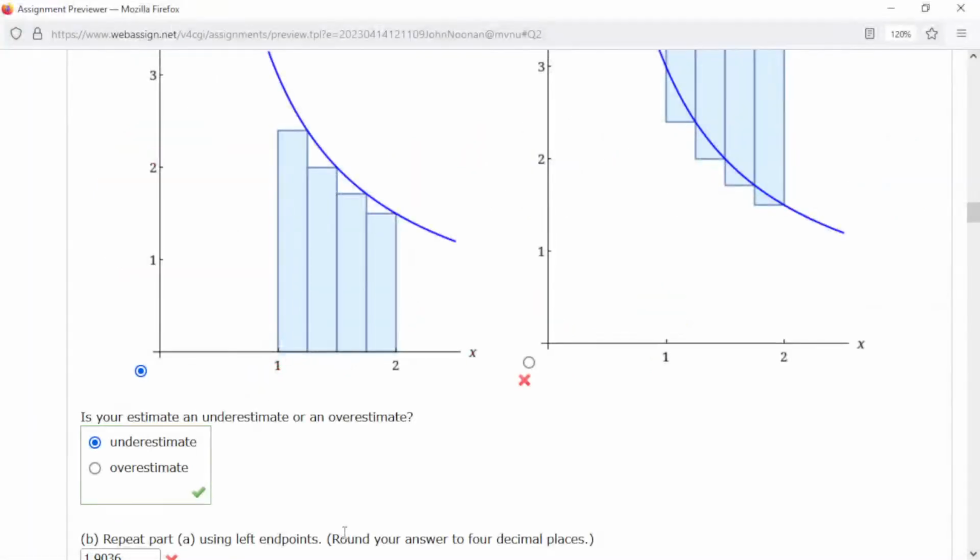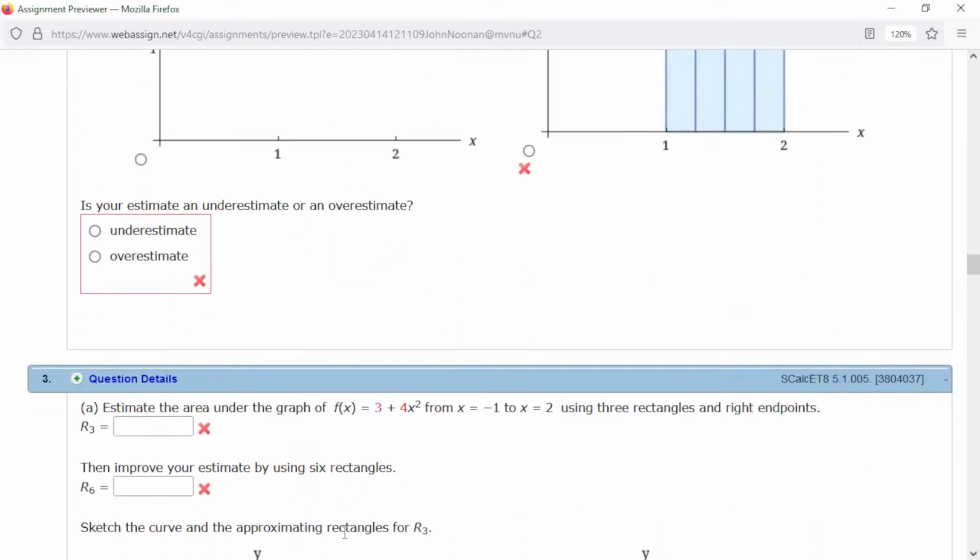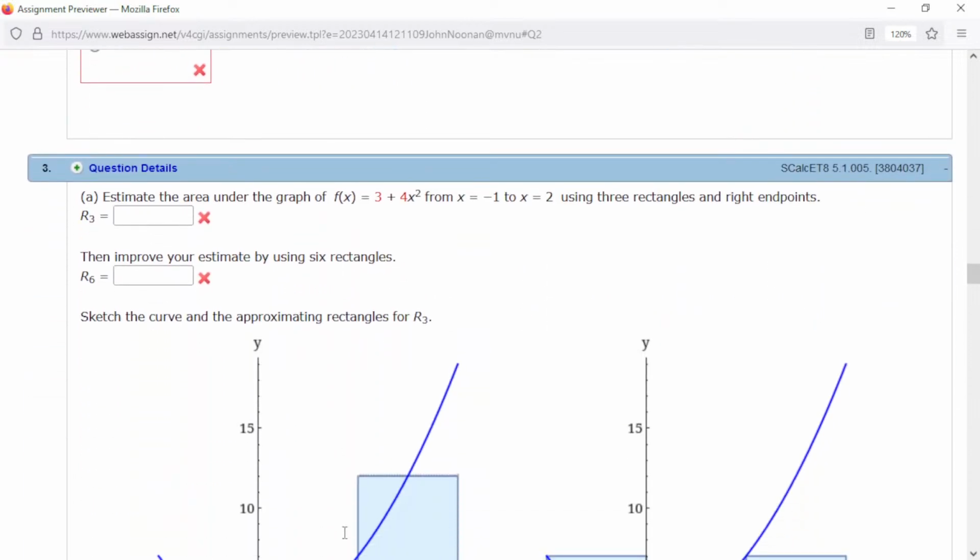All right, let's take a look at the rest of this and see if there were any other issues. 2 is the big one. Here again you're given a function, and here again this whole business about the number of rectangles. Use that. Shouldn't be too big of a deal.